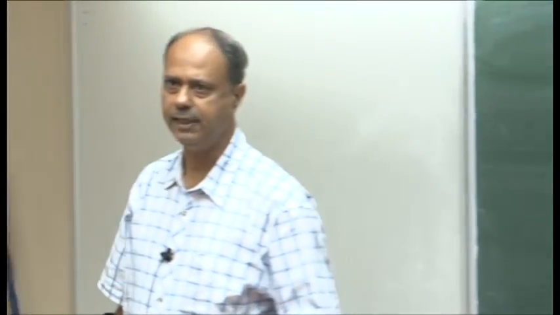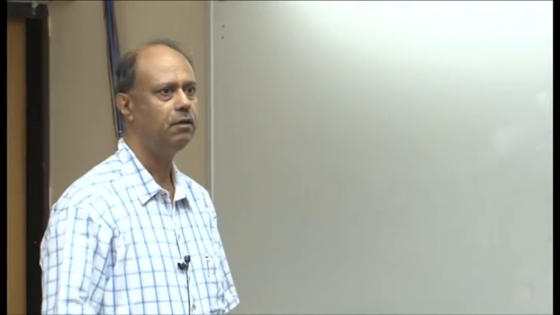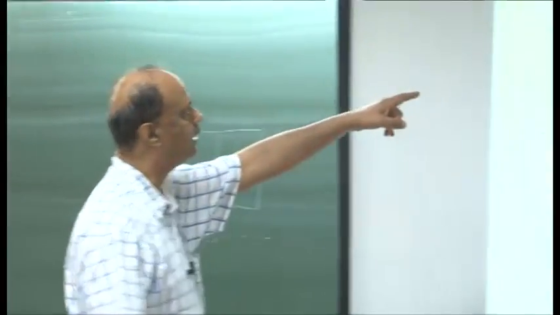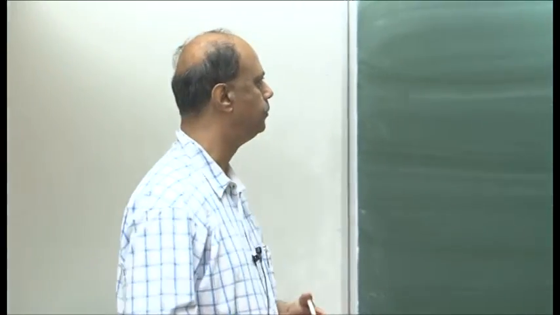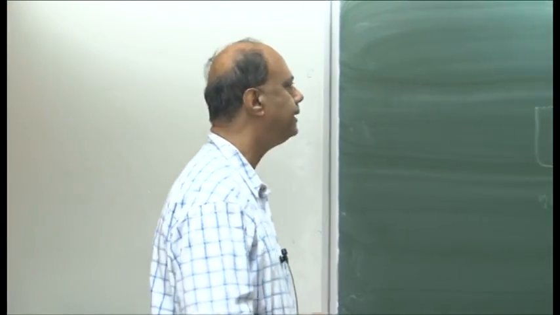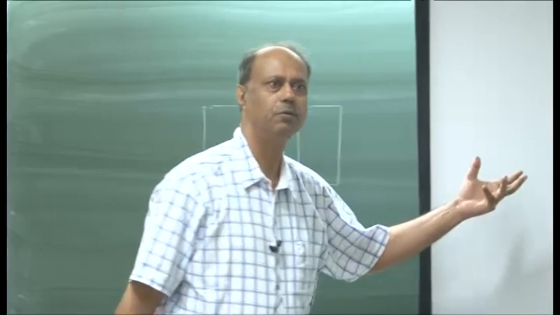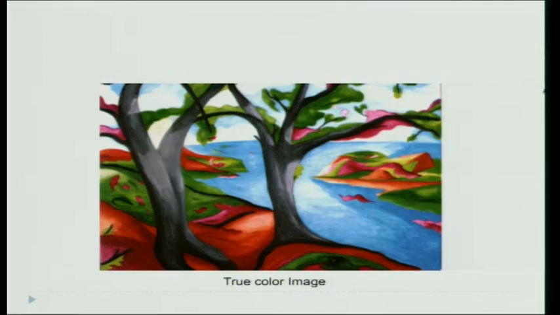That means I keep 3 bytes for each pixel. That's why it is written as M cross N cross 3, right? This is mainly used for color display. This is a pseudo color, basically: artificially, I have put some color on it to show you, so it's a pseudo color.